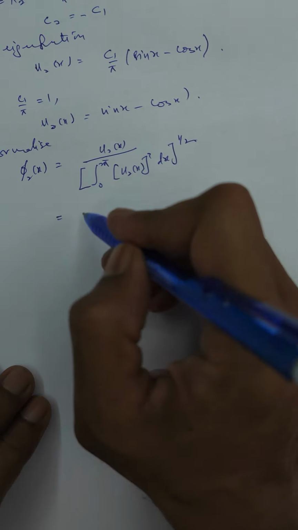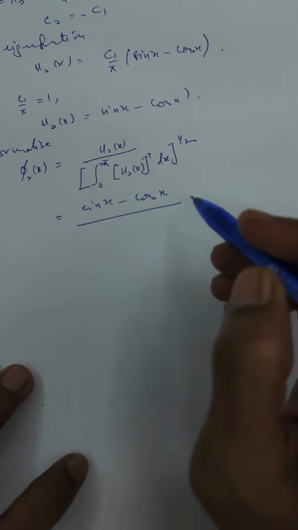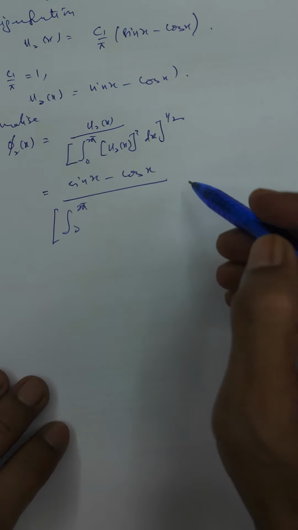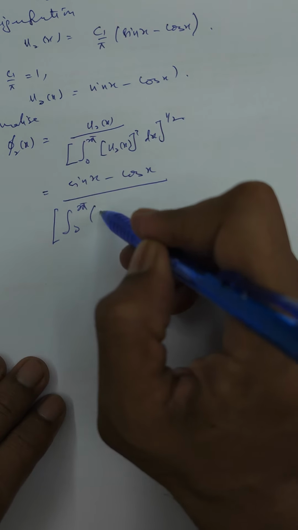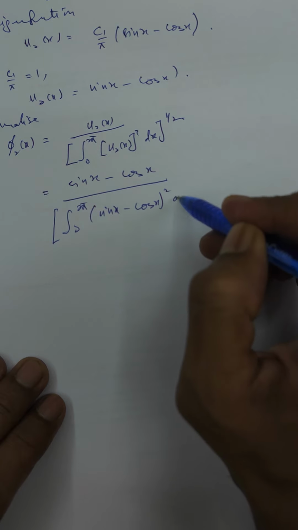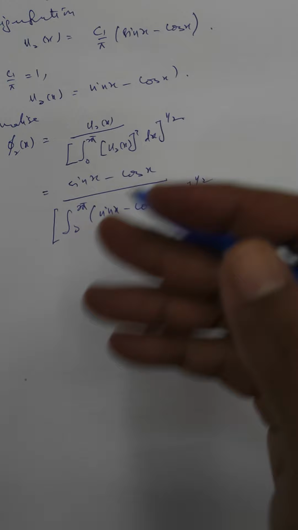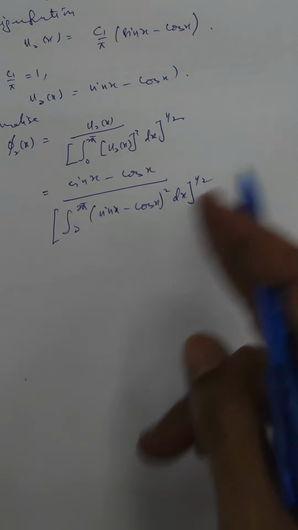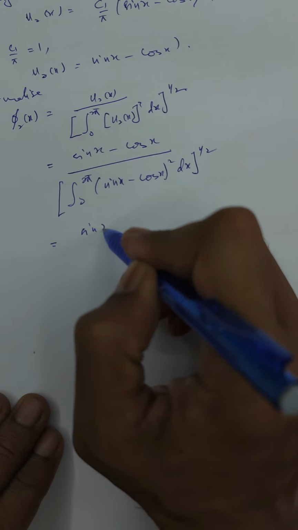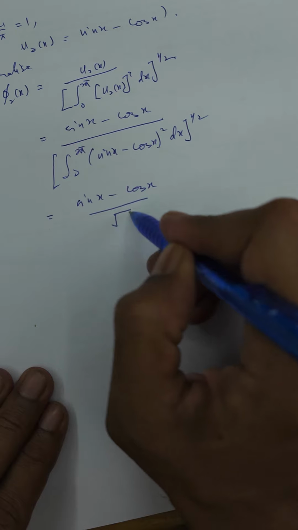So you have sine x minus cos x over the integral from 0 to 2 pi of (sine x minus cos x) squared dx, to the half. Okay, you just solve this part, and then the final answer you got is sine x minus cos x over square root of 2 pi.